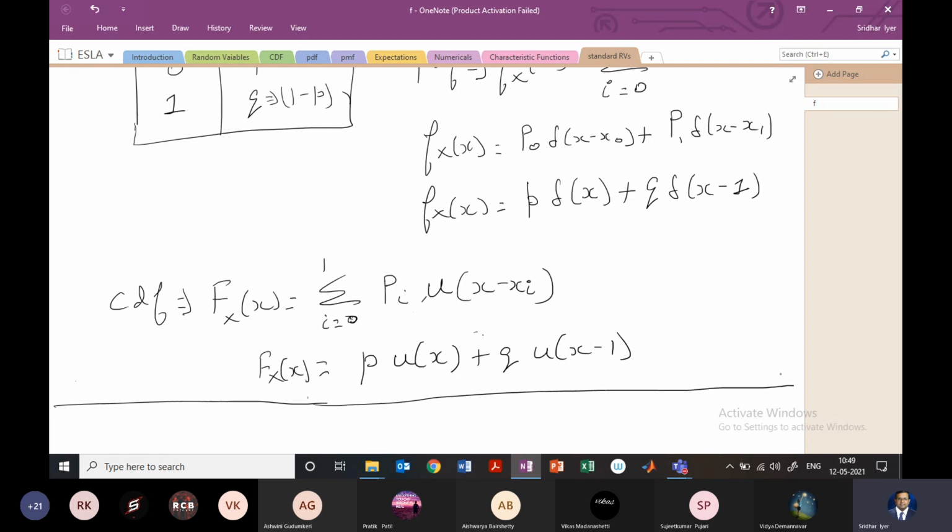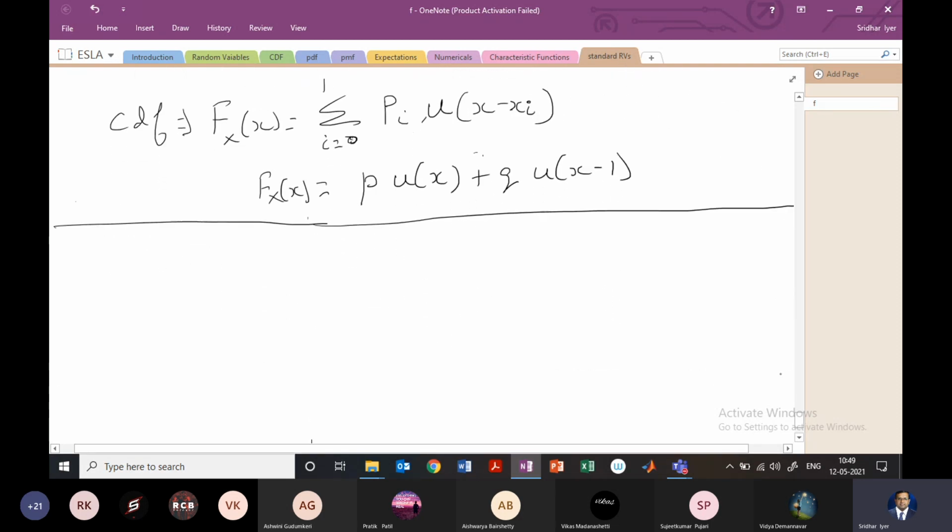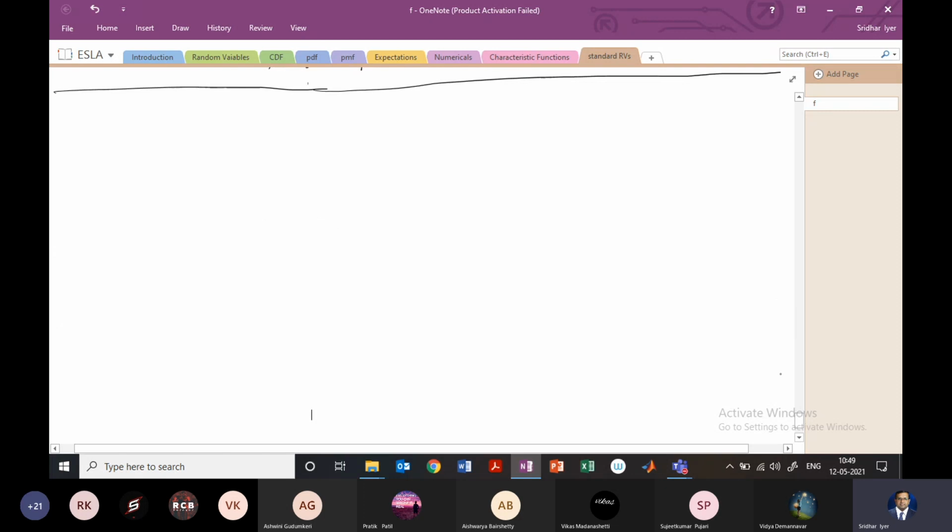Let us solve one problem based on this random variable. Module 1 wise, there is just a small part of conditional random variables which remains, and once I finish that, your module 1 is over. So another lecture is enough to finish module 1. Let us take this numerical.